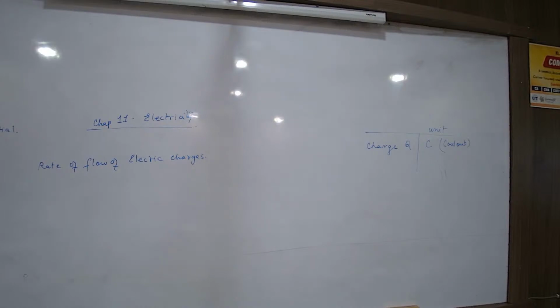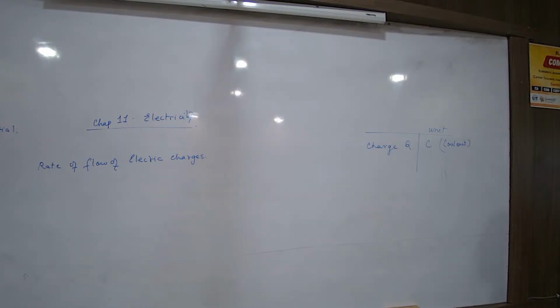If a net charge Q flows across any cross section of a conductor in time t, then the current I through the cross section is equal to Q upon t.